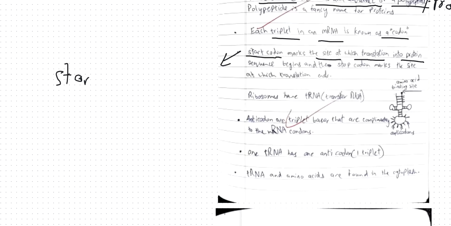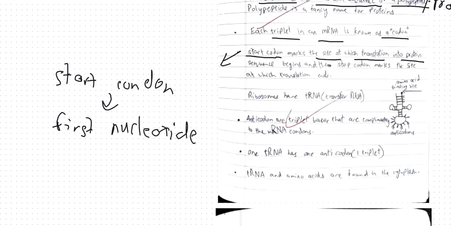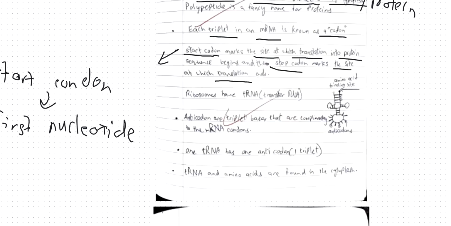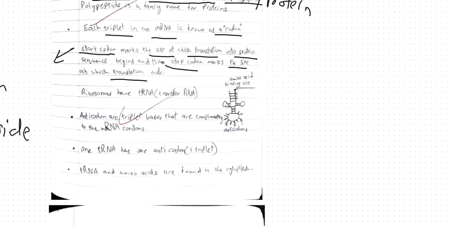The start codon is the first set of 3 nucleotides that will come together to start translation. And the stop codon is the site at which translation ends. So the translation ends when the stop codon is introduced.